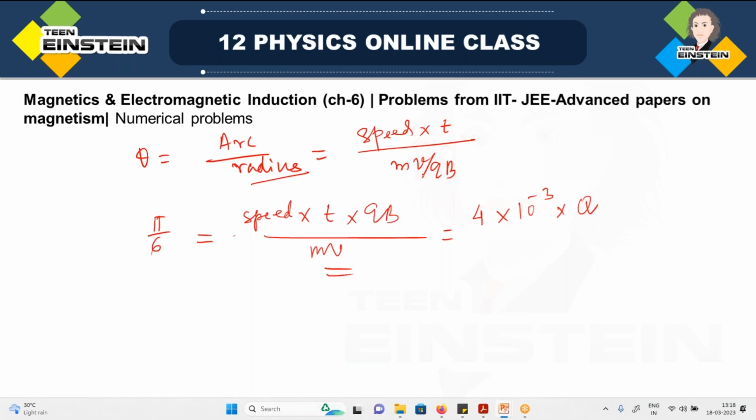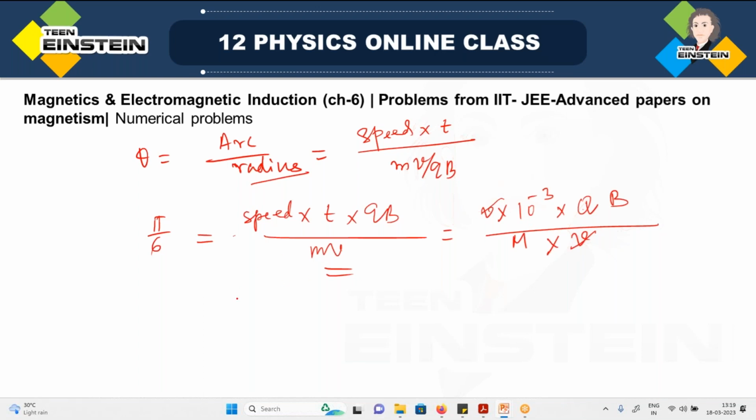Time is 10 millisecond anyway. This is mv by qb. So qb goes up. Let us not write the v itself here. Speed, let us say v, and here it is mv by qb, so this b goes off.